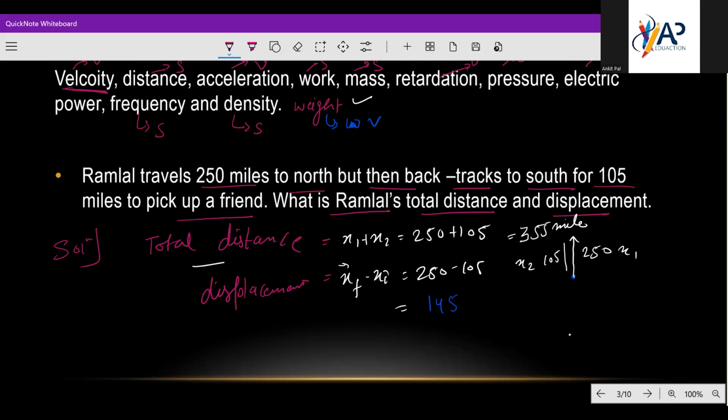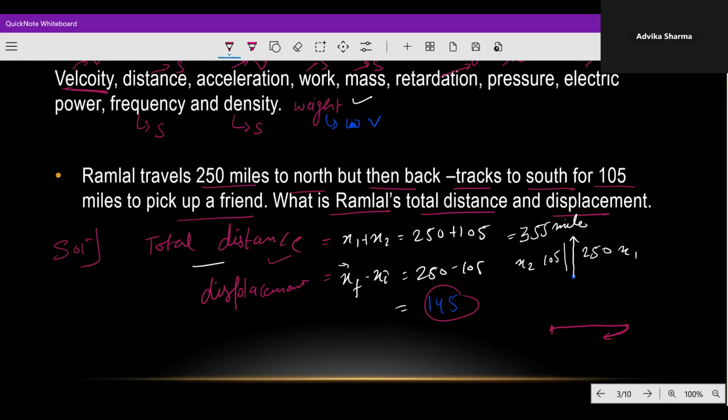If a body moves north and then takes a turn, then displacement is less than distance. Only when there is no turn is distance always equal to displacement.